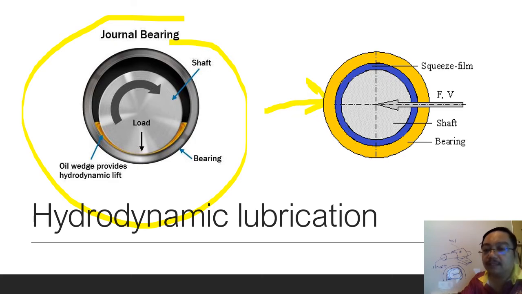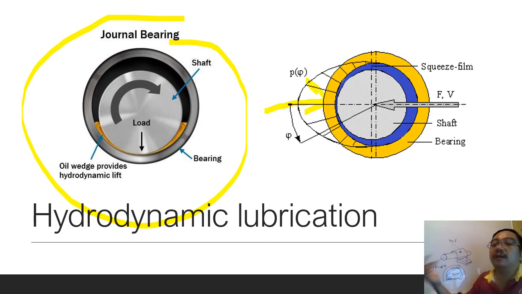So basically this is called hydrodynamic lubrication. Every theory that you will learn in this topic is based on this theory. This is the basic theory of hydrodynamic lubrication. If you understand this theory, you may understand other theories on hydrodynamic lubrication.